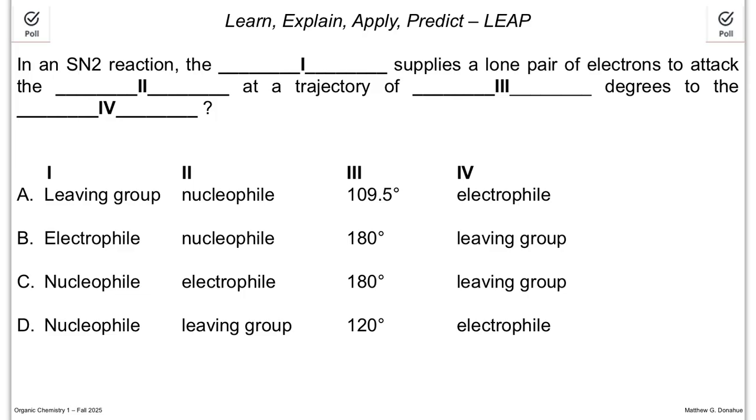I think I heard C. So the nucleophile supplies a lone pair of electrons to attack the electrophile at a trajectory of 180 degrees relative to the leaving group. So that really is just verbalizing how you draw the arrows in the ionic mechanism.